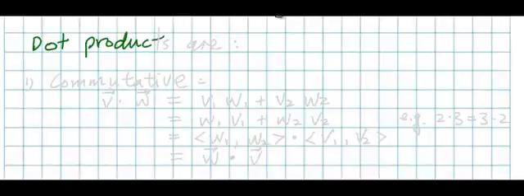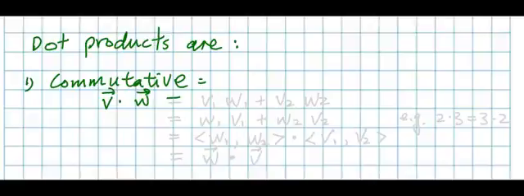Dot products are commutative. Vector v dot vector w by definition equals v1w1 + v2w2. These letters with subscripts are real numbers, and they are commutative, so this equals w1v1 + w2v2. How are real numbers commutative?